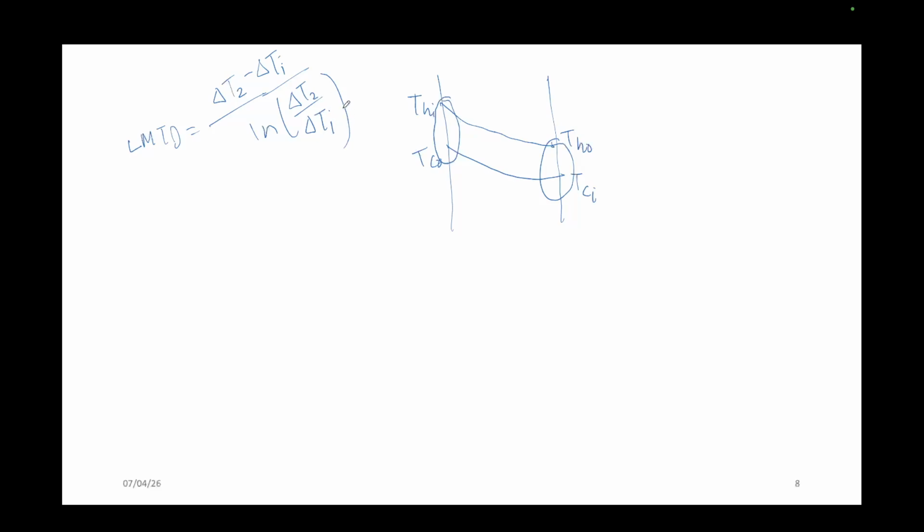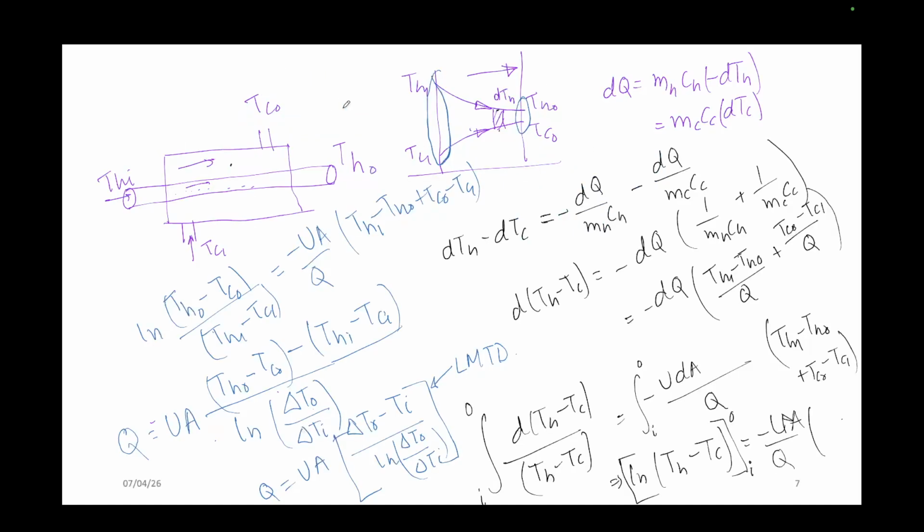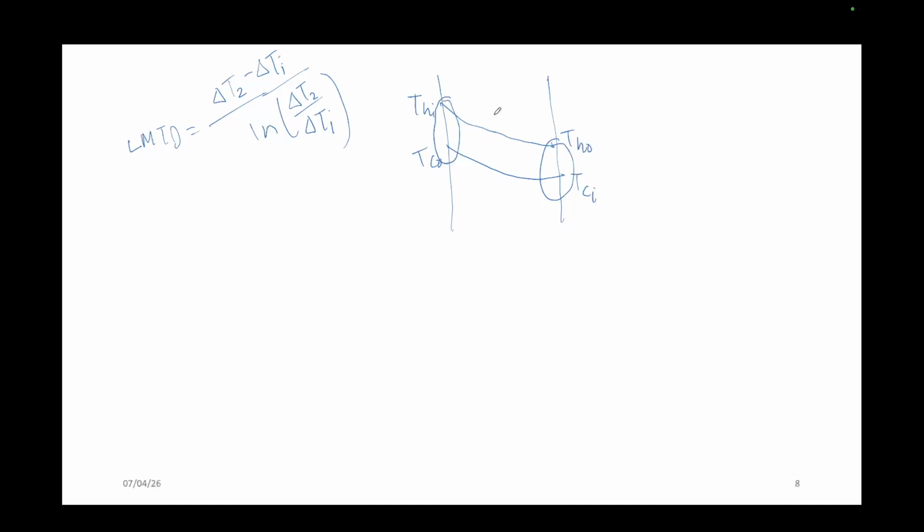So basically the derivation that I have done is for parallel flow. You can do the same thing for counter flow. What is the basic difference in the counter flow? If I talk about this equation, this one is negative here, right? And this one is positive. Now in the counter flow, this one is negative.